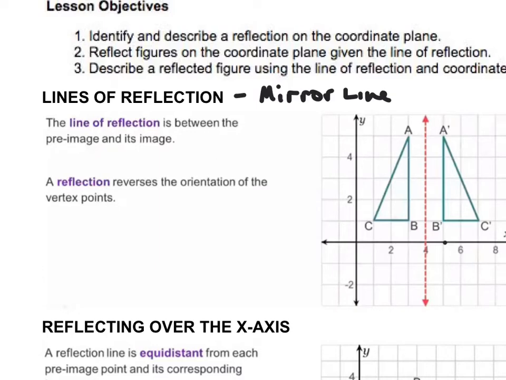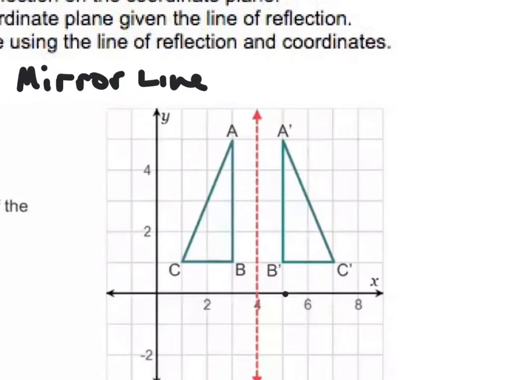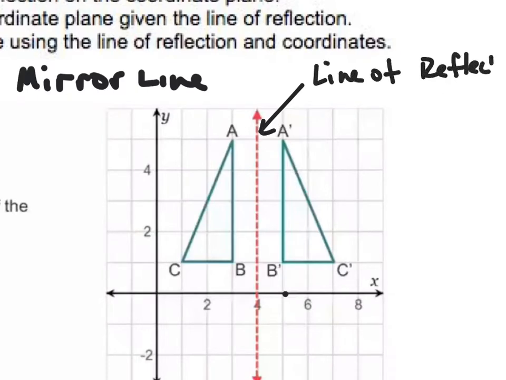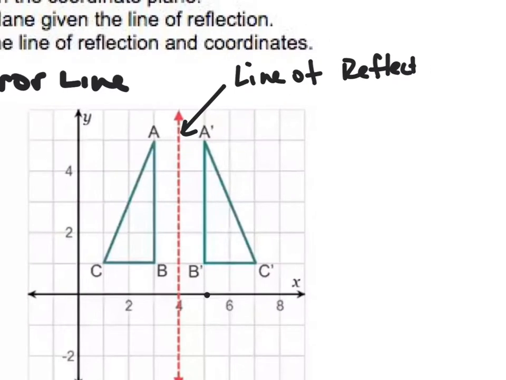So in this picture here of this graph, here is my pre-image, and then we reflect each of these points over our line of reflection, okay? So let's write this down here that this is my line of reflection, okay? And it's mirrored, okay?